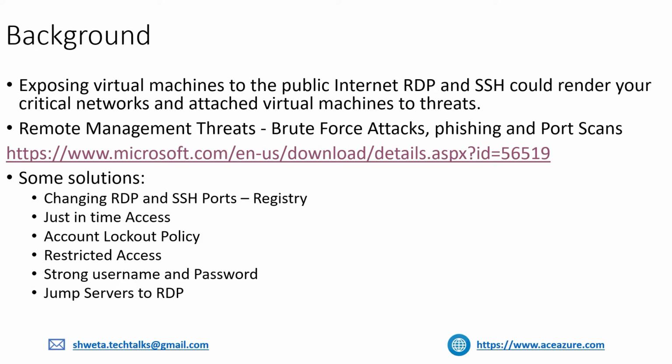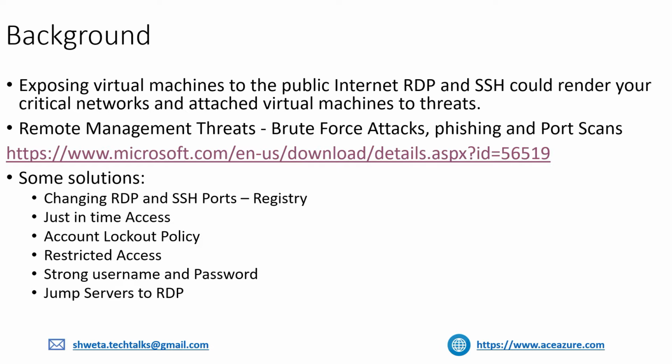It is very difficult unless you're following some solutions. Like you could change the RDP and SSH ports. Instead of using the standard 3389 and 22, you can update the registry to change the port numbers. Just-in-time access: in Azure, you can enable just-in-time access instead of anywhere, anytime access to reduce the amount of exposure to the internet.